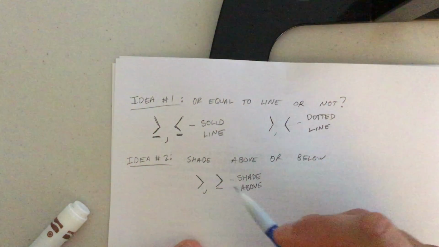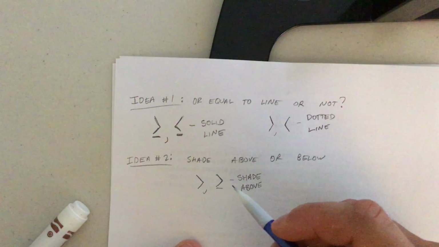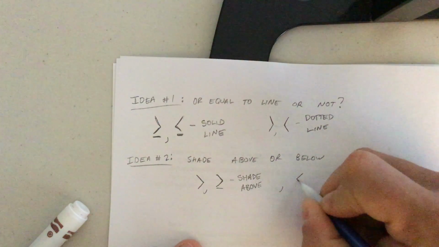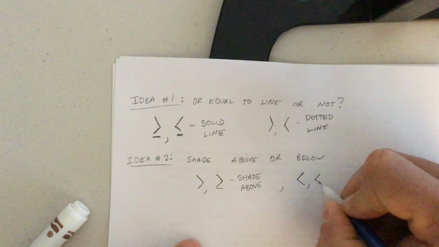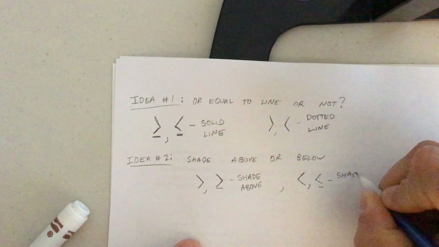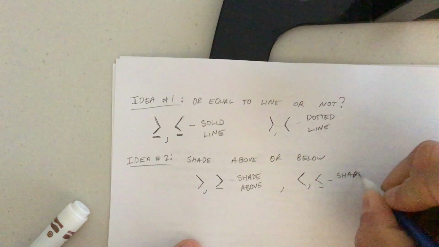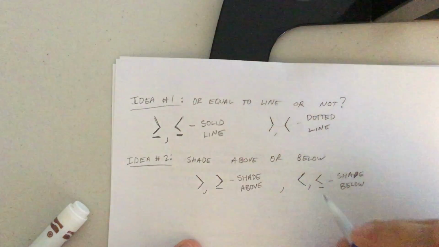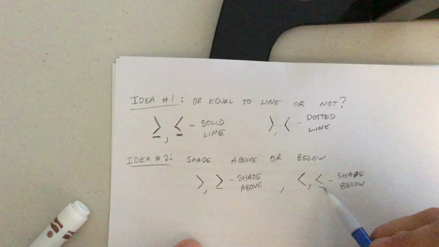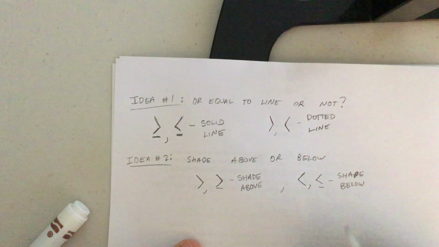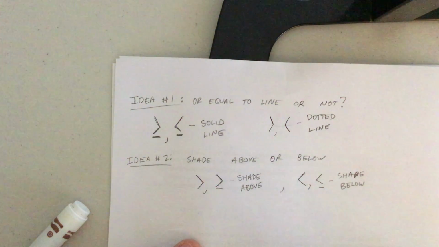On the flip side, if we have less than or equal to, we shade below, because these solutions lie either on the line, if it's "or equal to," or below our line. That's why we shade down below.